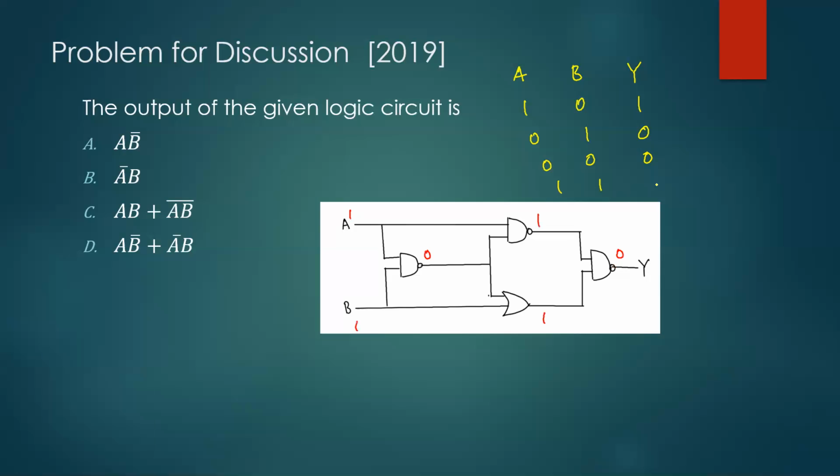Okay, so now C matches. Let's say A and B. Let's say for 1 and 0, I should get, let's say, 0. I should get 1 here. I think 1 we are getting. So 0 and 1. Okay, so I should actually get 1.